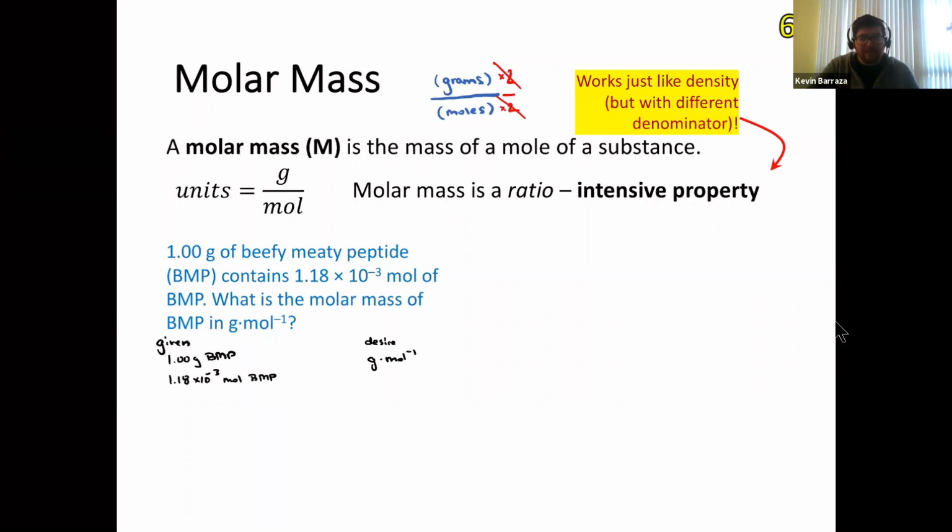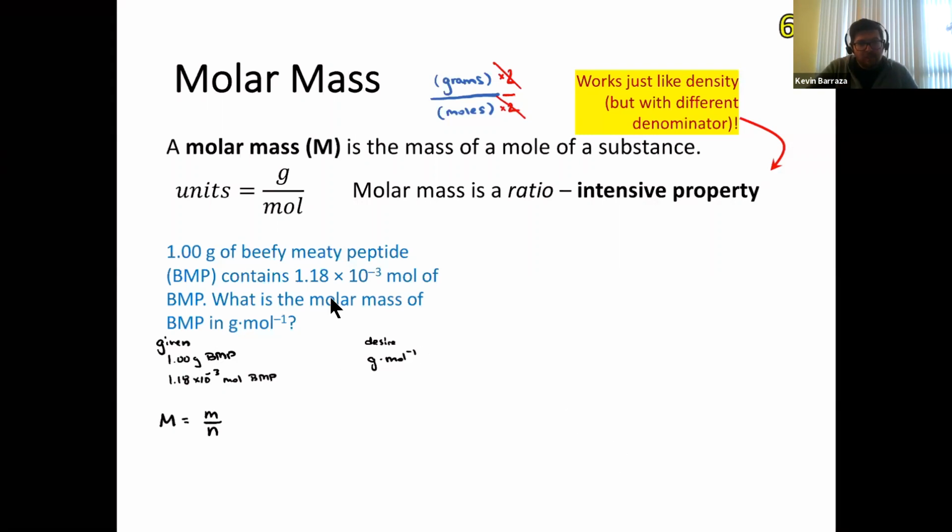So this is one more example of letting the units guide you with what to do. In the same way that if I were given a mass and a volume, the density is dividing the two, if I'm given the mass and how many moles are there, the molar mass, by its units, is dividing the two. So our answer is: the molar mass is equal to the mass divided by the moles.